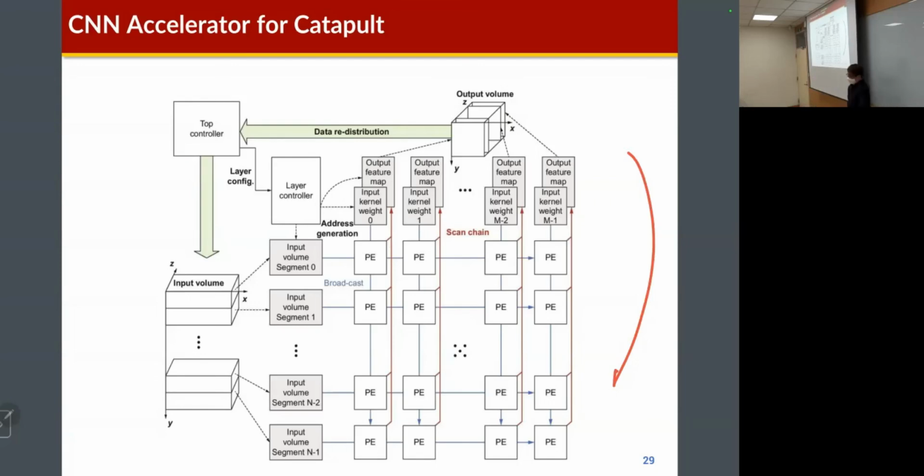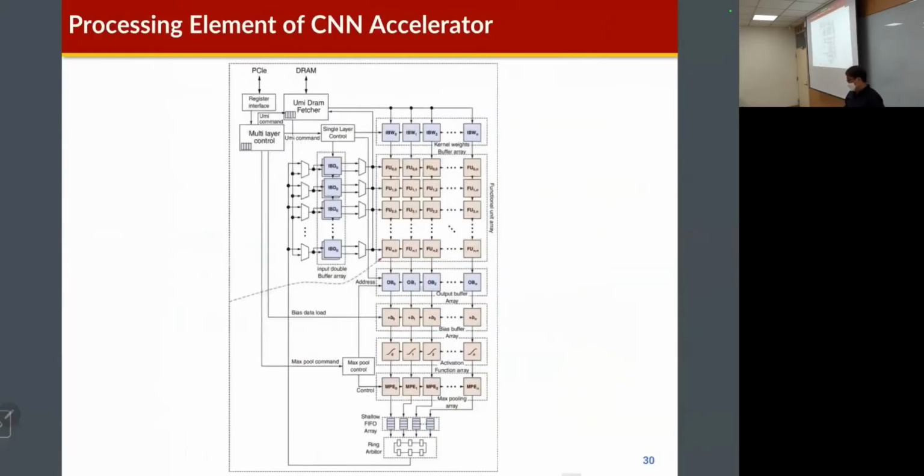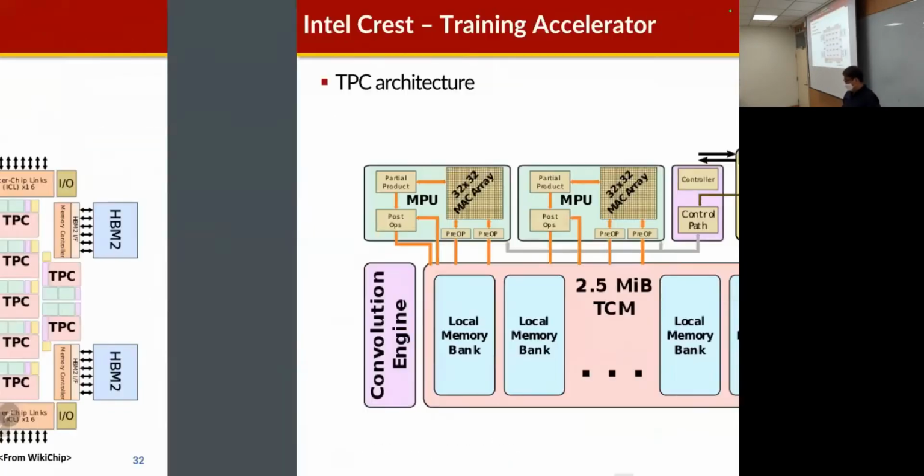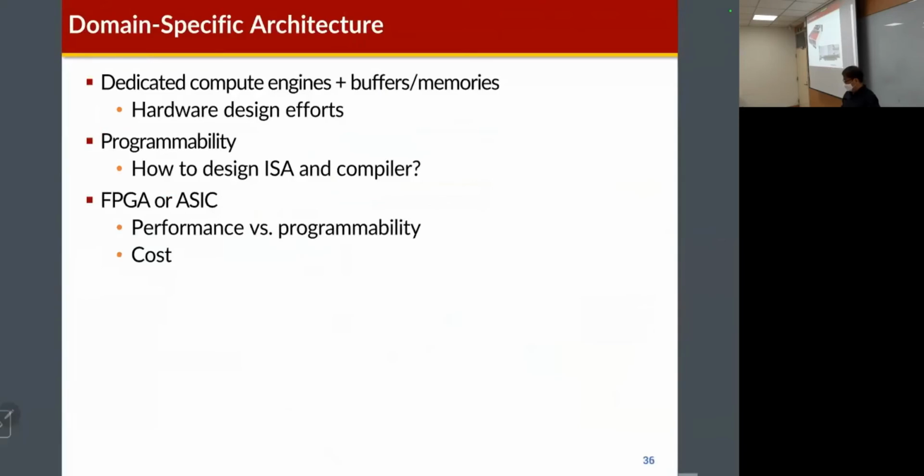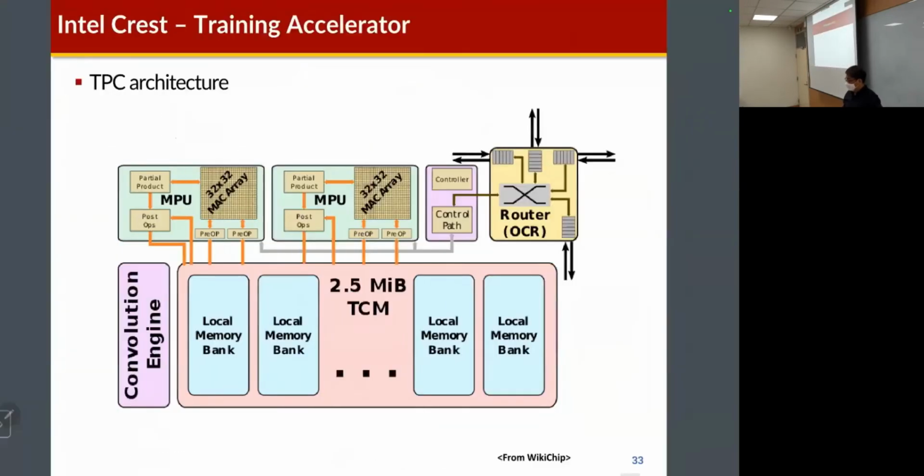That's why the processing engines are organized in two dimensions like this, and each processing engine is connected by networks. We can also find the cluster, and we can also use FPGA accelerators.